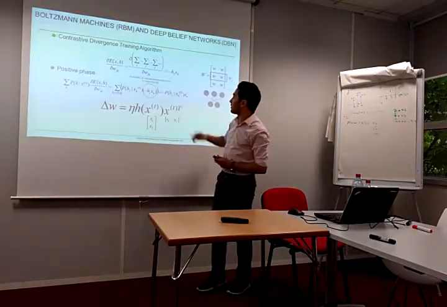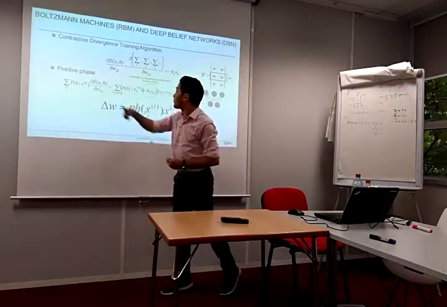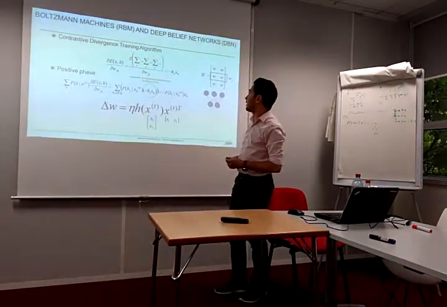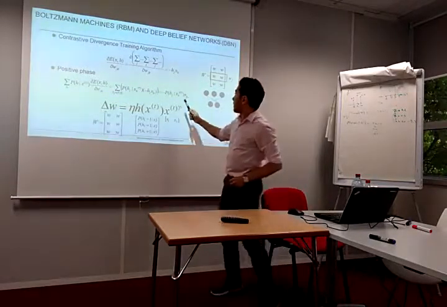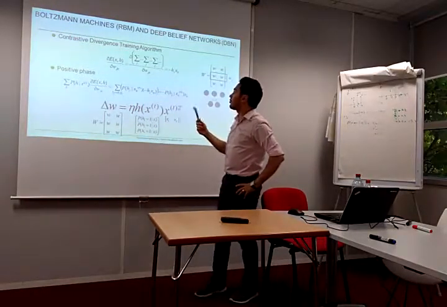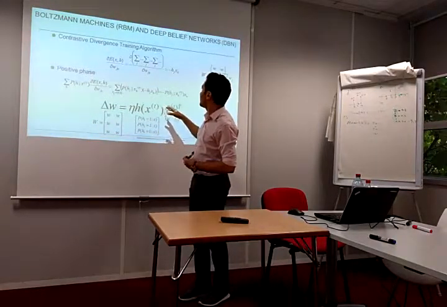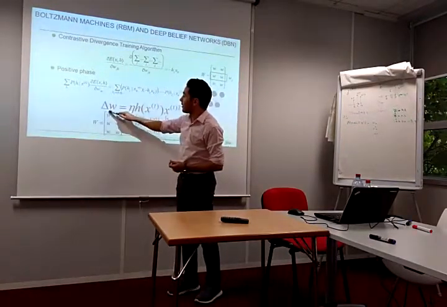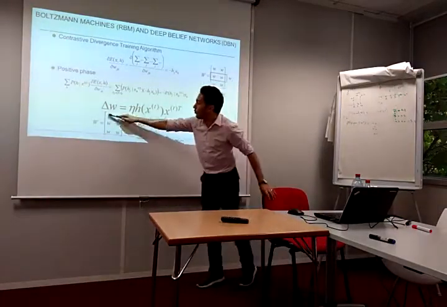So let's see how we will modify the weights according to the positive phase. We will multiply by eta, some learning rate, multiplied by the vector. It depends on the values of j and k. If we want to modify this weight, which weight is this?